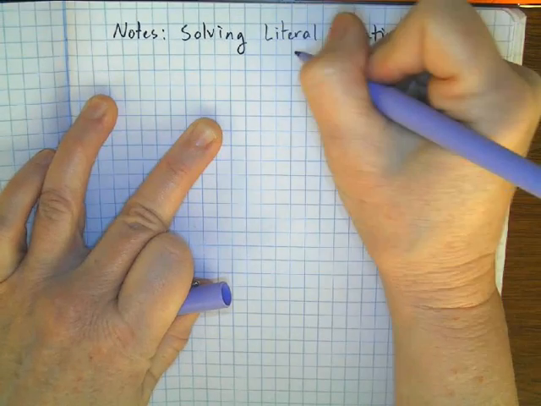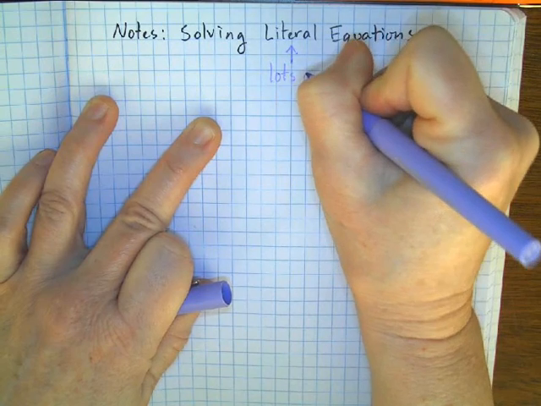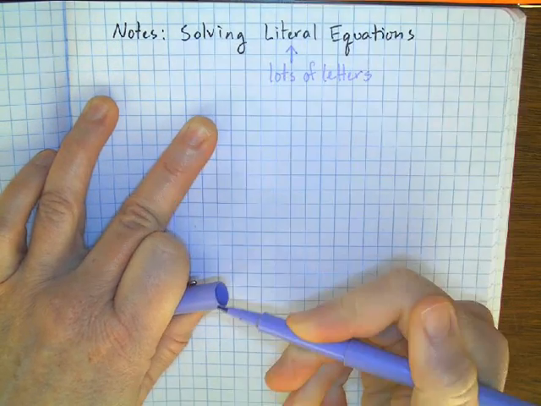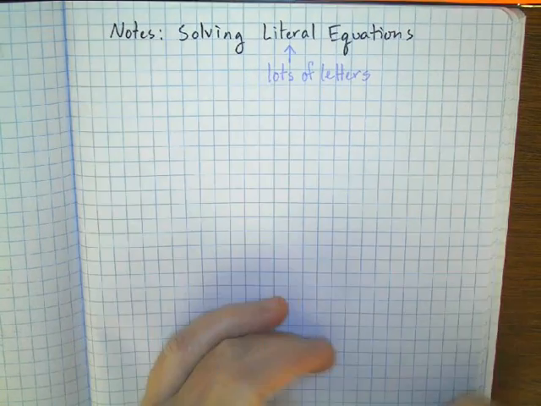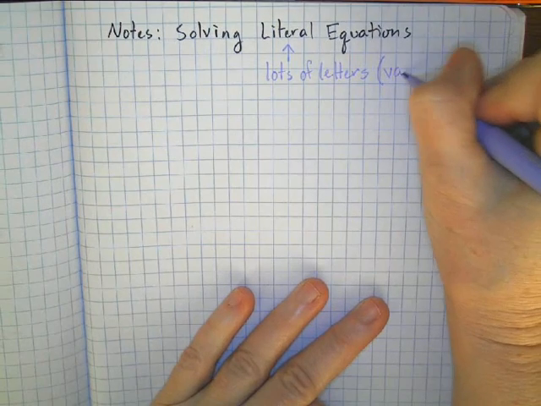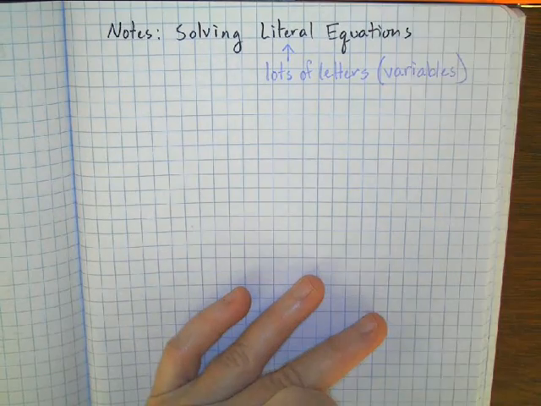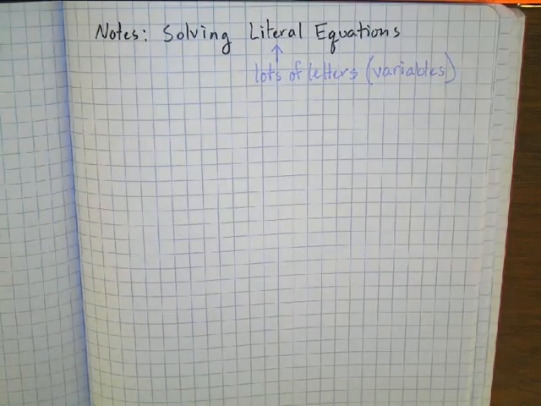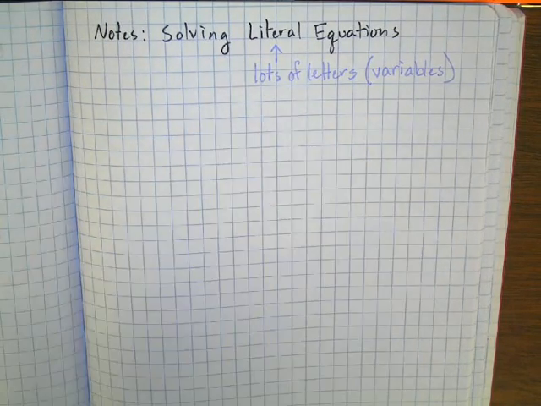Literals, they have lots of letters, so more than just one letter, one variable. Letters are also called variables. Lots of variables. I've got some examples for you that are very similar to the problems you're going to do in math space.